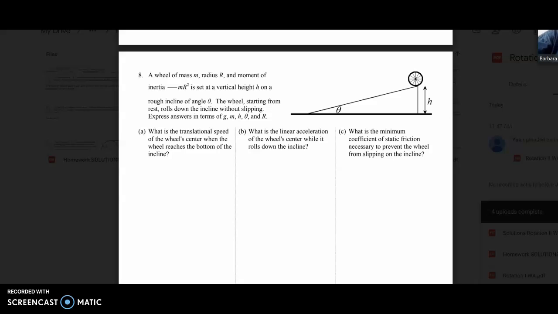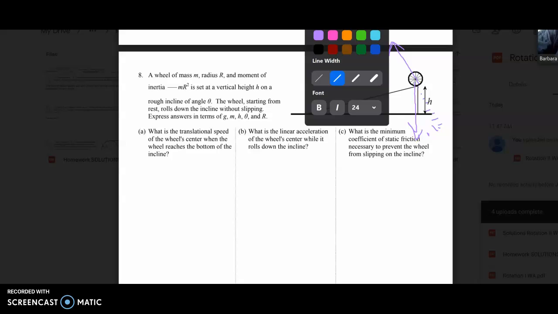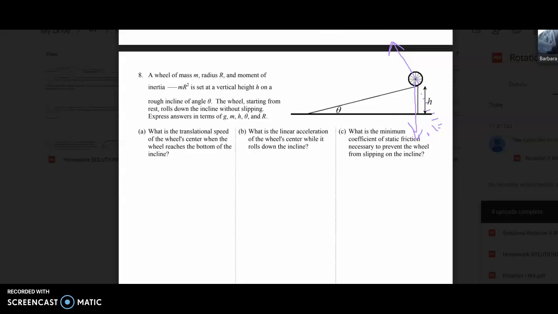Okay, I think I can show you a couple things now. So if FG is there, and the components are parallel and perpendicular, and there's the normal force. There's mg sine theta acting down the plane, and friction acting up the plane.